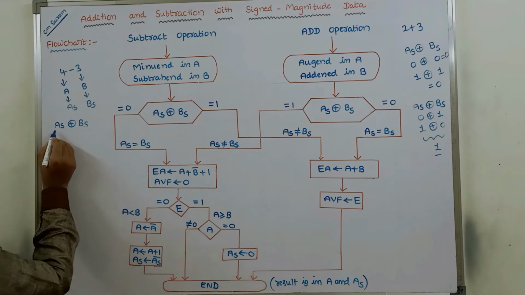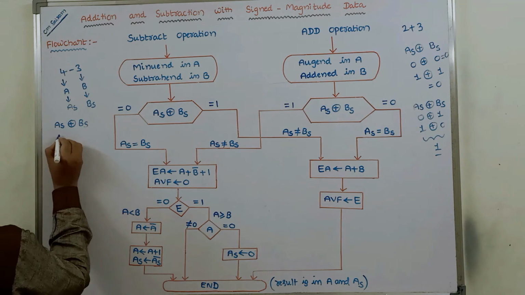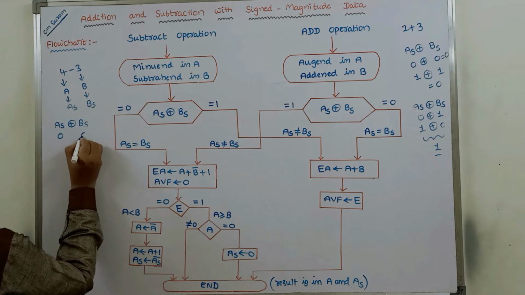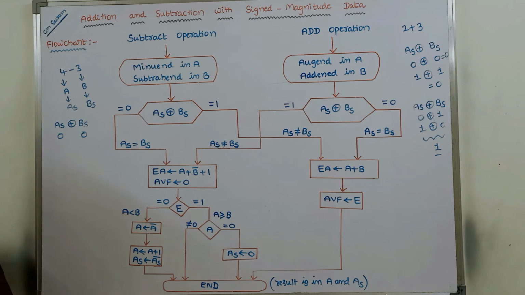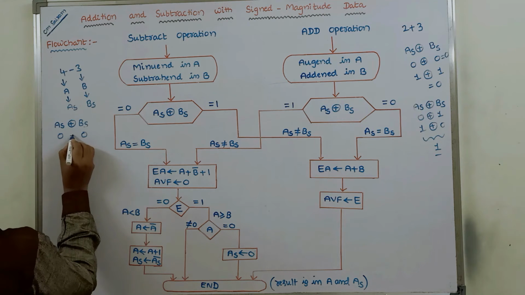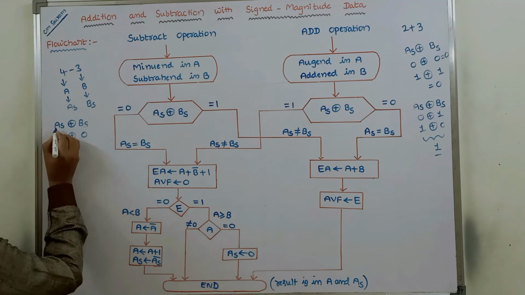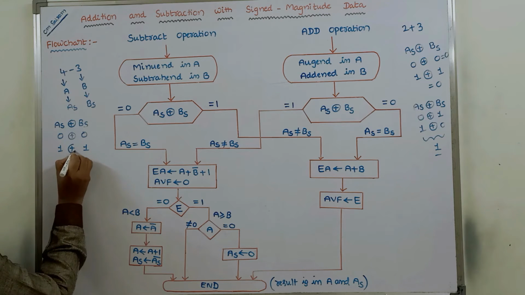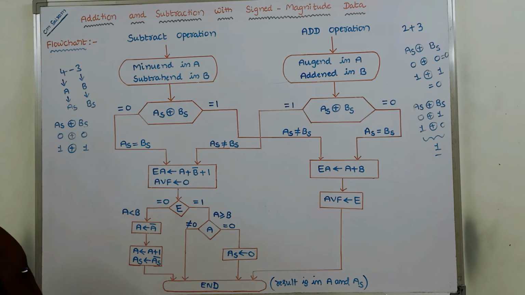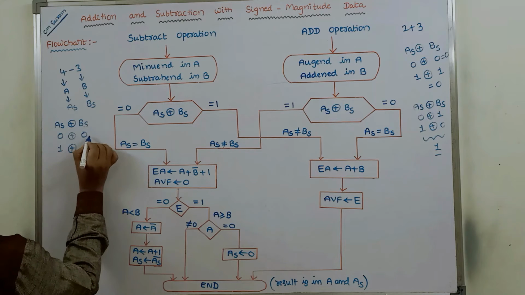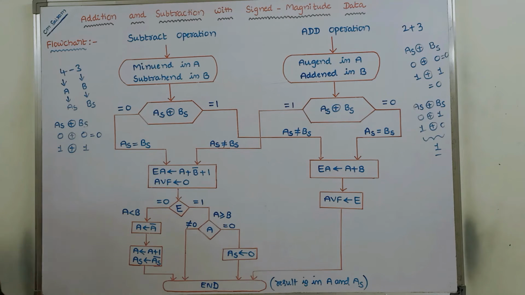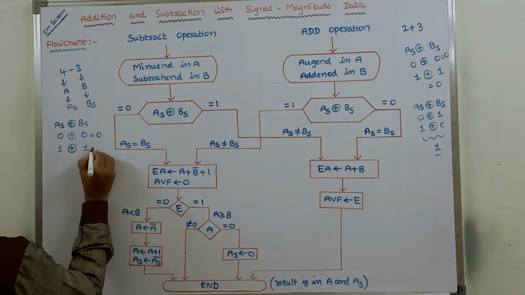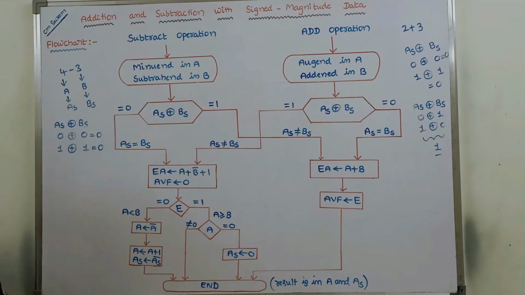When both sign bits are the same, that means A sign bit is 0 and B sign bit is 0, or A sign bit is 1 and B sign bit is 1. 0 exclusive OR 0 is 0, and 1 exclusive OR 1 is 0.